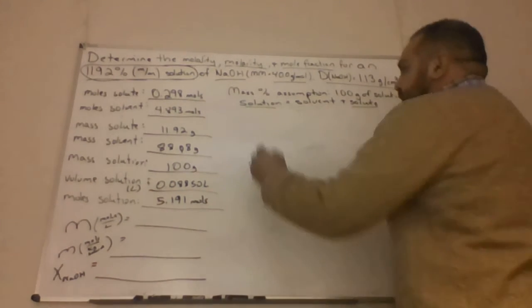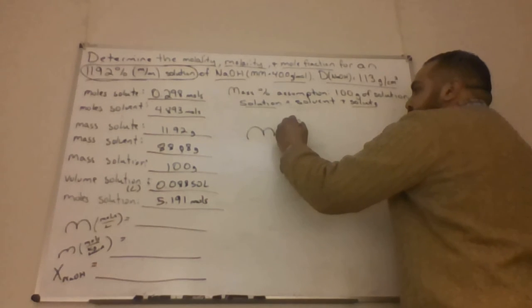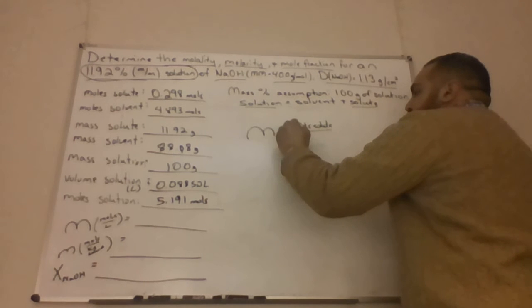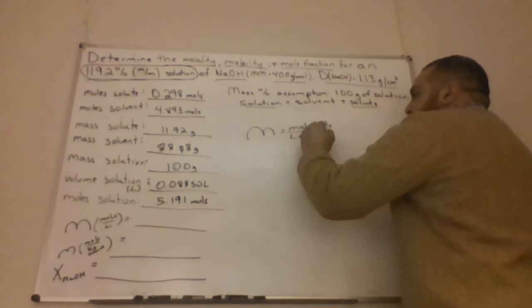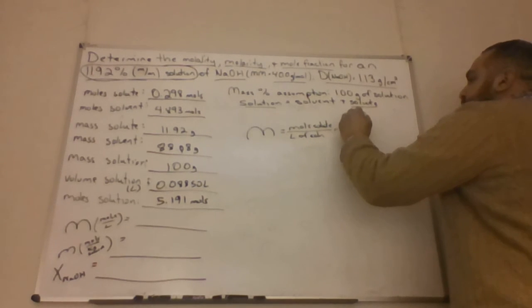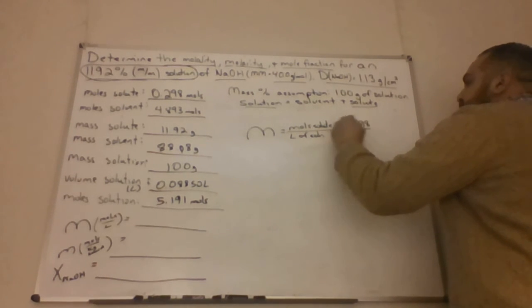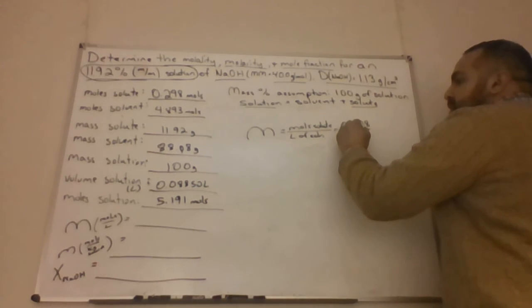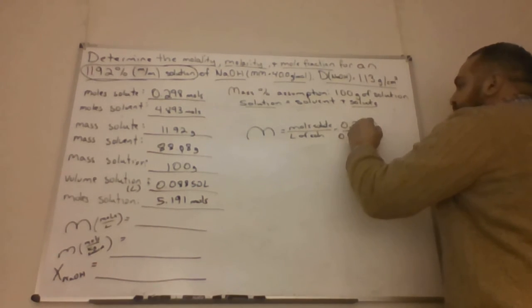Now for molarity, molarity equals moles of solute over liters of solution. So moles of solute, 0.298. Liters of solution, 0.08850.